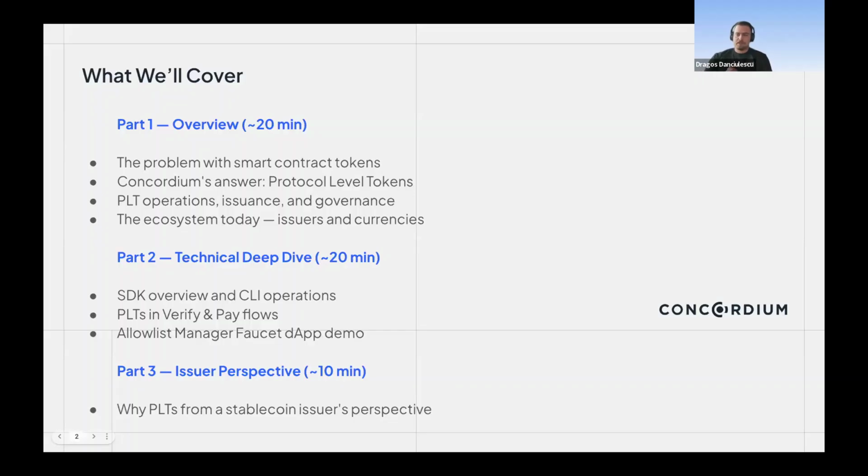This will be an SDK overview and CLI operations. We'll talk about PLTs in Verify and Pay flows, and there will be a demo of an allow list manager faucet app shortly. At the end, there will be an issuer's perspective where actual stablecoin issuers will talk about PLTs.